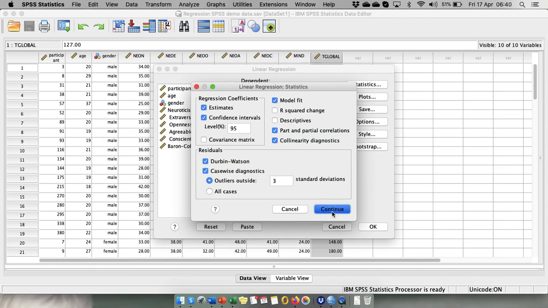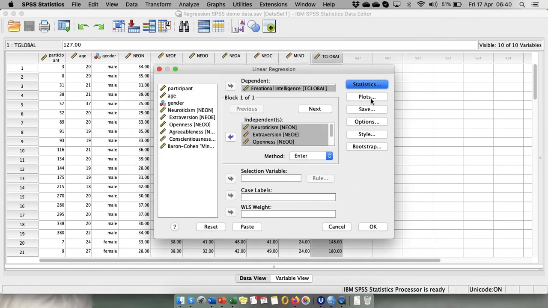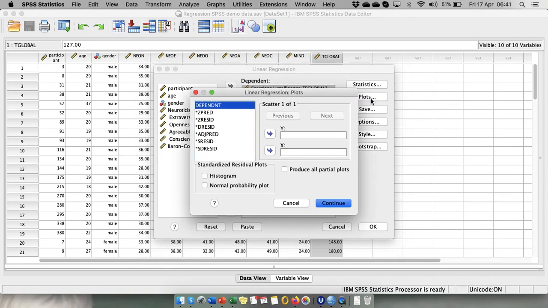So we press continue, and the next thing we want to do is plot the data to look at how the errors are distributed. We will put our predictor on the x-axis and the residuals onto the y-axis. And we also want to ask for the histogram. The histogram will show us the distribution of errors. Continue.